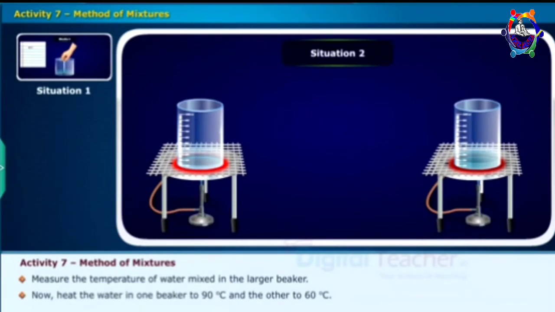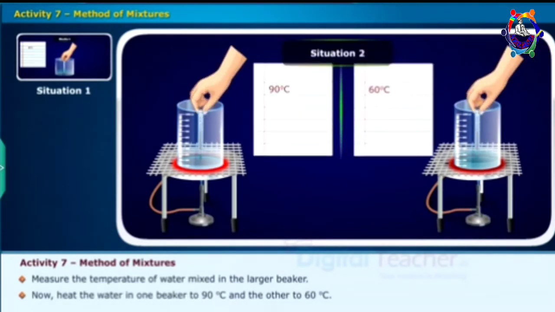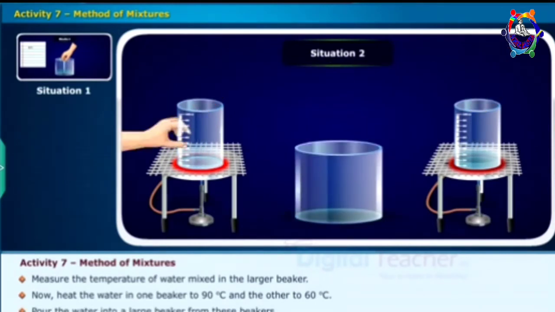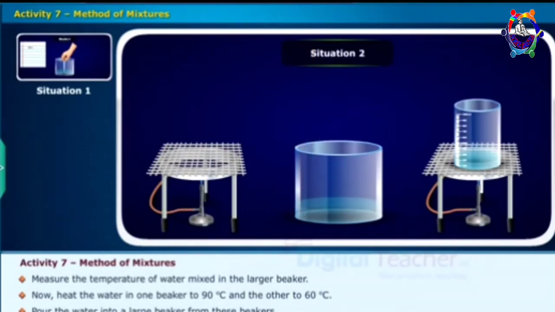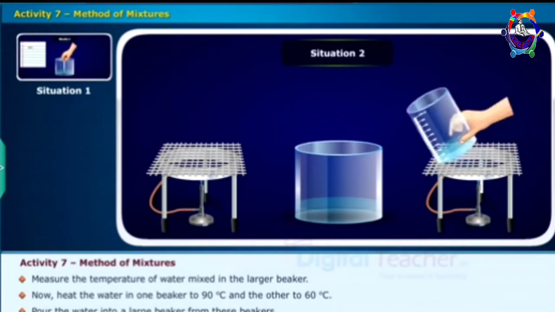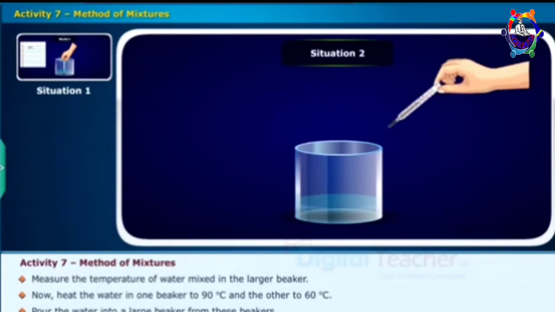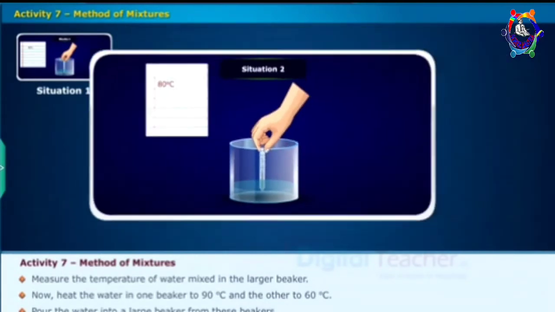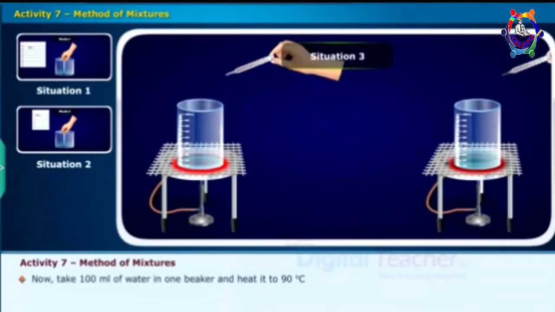Situation 2. Now heat the water in one beaker to 90 degrees Celsius and the other to 60 degrees Celsius. Pour the water into a large beaker from these beakers. Measure the temperature of the mixed water in the larger beaker. Situation 3.